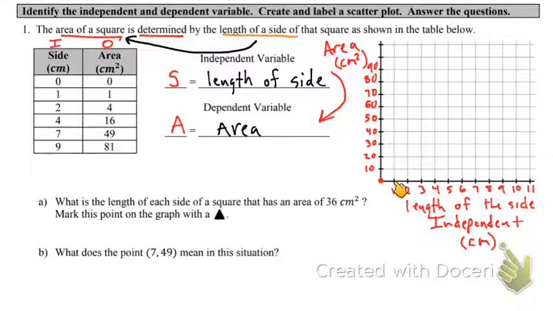When I plug in 1, it gives me 1. We kind of have to estimate that. It's going to be very close here. So that is (1, 1). The next one is when I plug in 2, I get 4. So 2, and then 4 is about halfway.